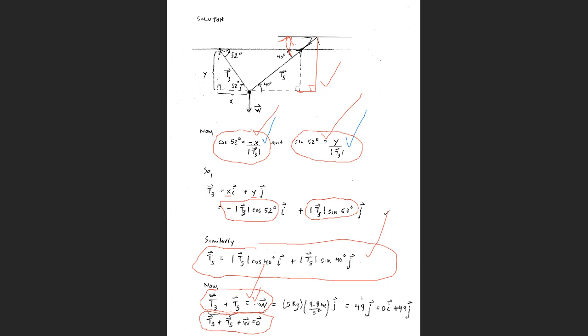I want to phrase this the right way. The x components of your tension vectors, the sum of them, are going to have to equal 0 because, like you say, there's no force moving the holiday decoration to the left or the right. It's just down, right? The weight is pulling it down.